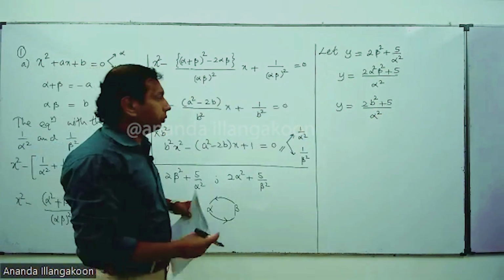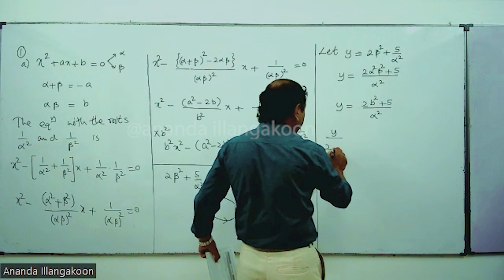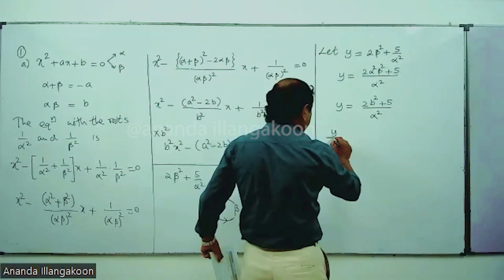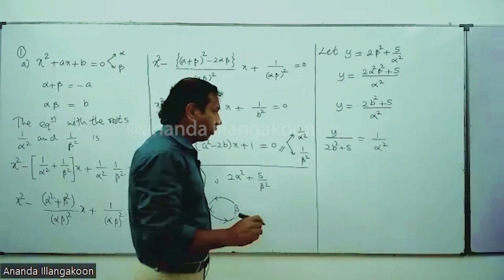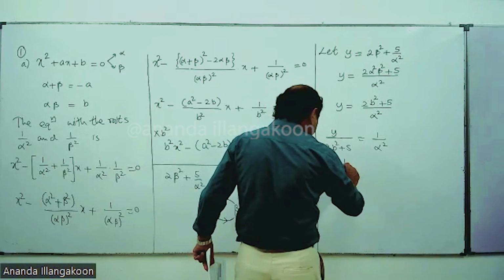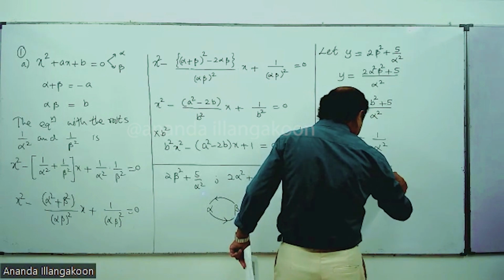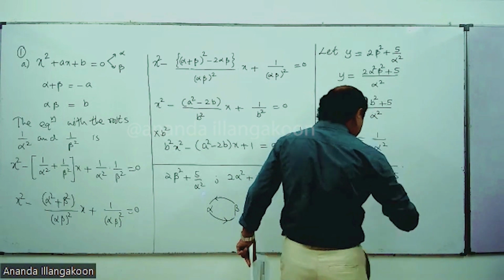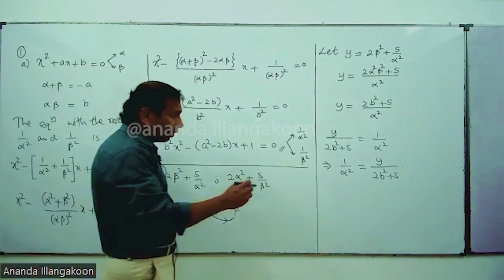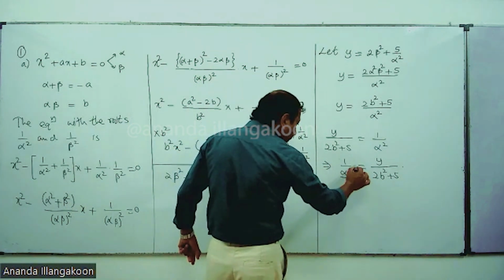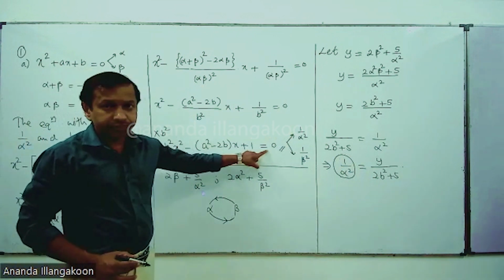Now what I do is take this part to the left hand side denominator: y upon 2b squared plus 5 is equal to 1 upon alpha squared. We make 1 upon alpha squared the subject. This is okay, right? But you know this 1 upon alpha squared is a root of this equation. Understand?